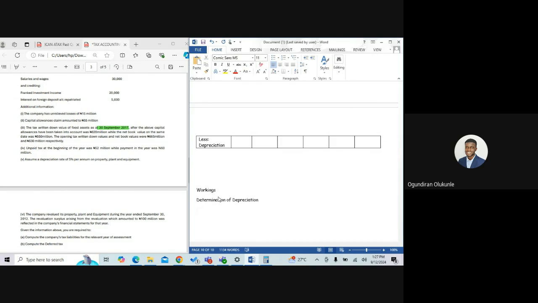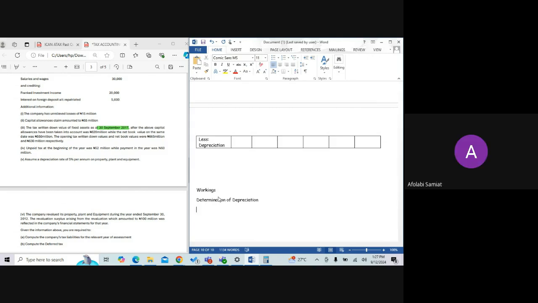When was the asset revalued? Let's check the valuation of the asset. 30th September 2012, right?